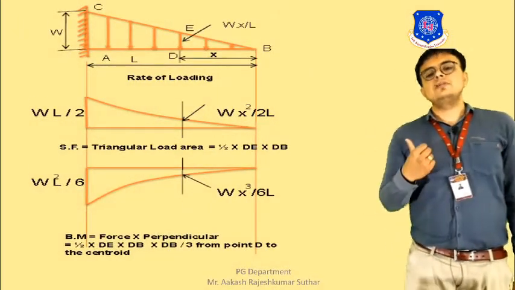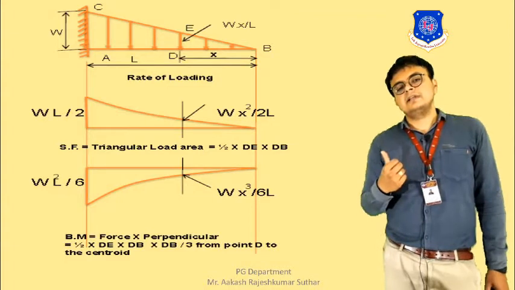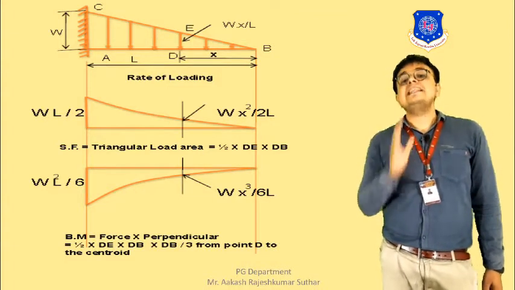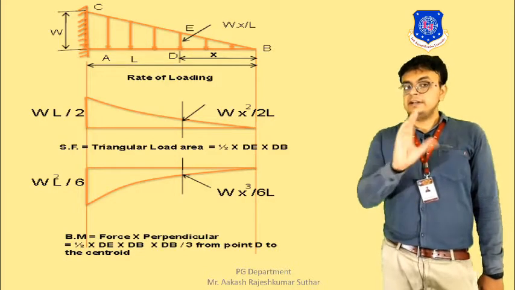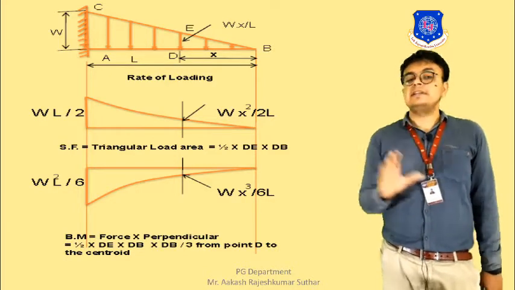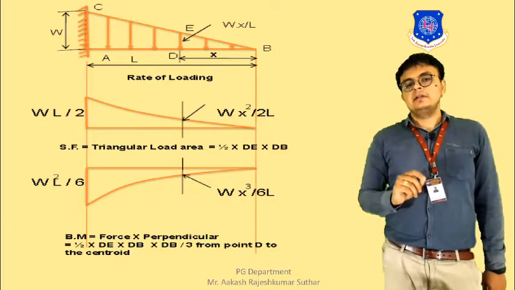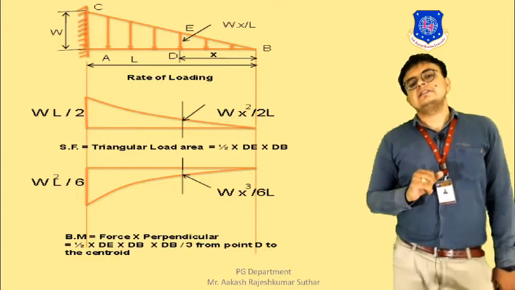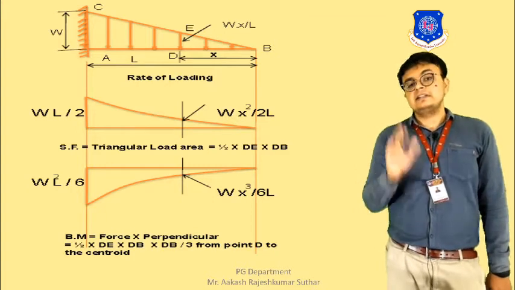Here you can see that we have the UVL along the span L. The maximum intensity of the loading is W. The CG, the centroid, will be at the point D, at a distance x.